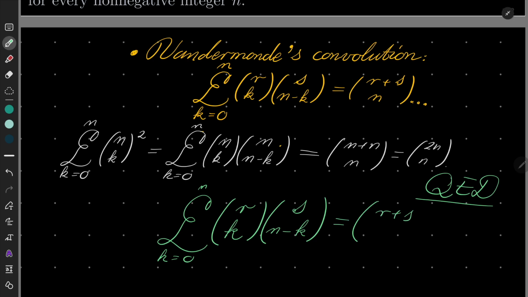Let's look first at the right-hand side. On the right-hand side, we have R plus S choose n. So the right-hand side is the number of ways to choose n things from a collection of R plus S elements.